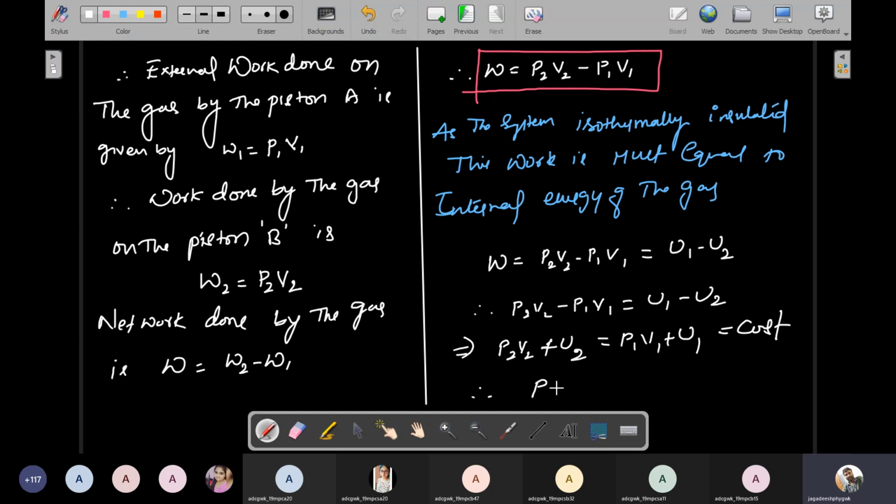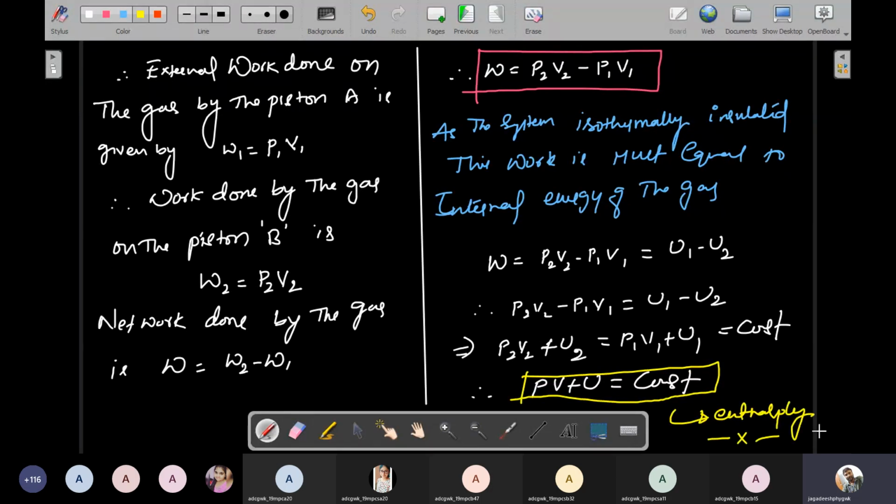Therefore, PV plus U is equal to constant. See, what is this term? From this equation, I get PV plus U is equal to constant. So what is this term? This term is nothing but enthalpy. So this enthalpy remains constant.